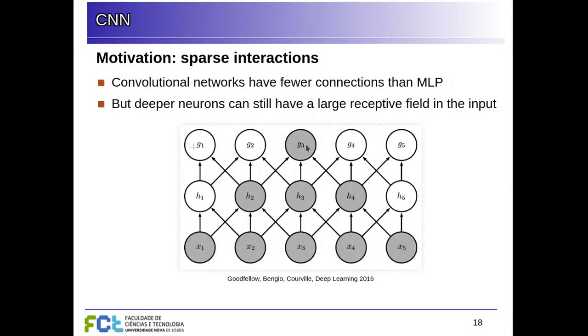So even though this neuron here is only getting data from these three, so it has only 3 inputs on this layer, the receptive field on the data itself is larger, has these 5 inputs, because these in turn will be dependent on the whole set of 5 inputs here. So the receptive field in the input layer can be large for kernels that are deeper in the network, even if each kernel has only a small window, as long as we have enough layers between them.